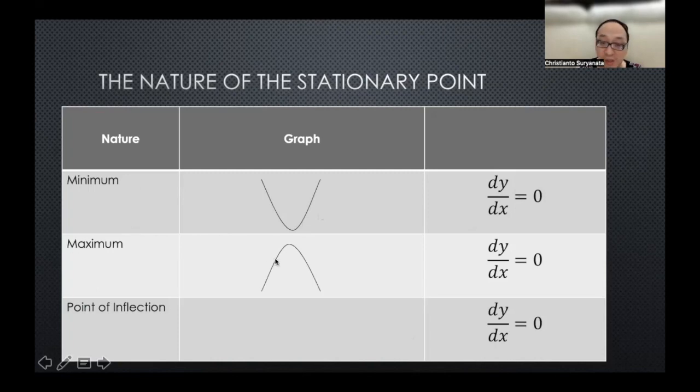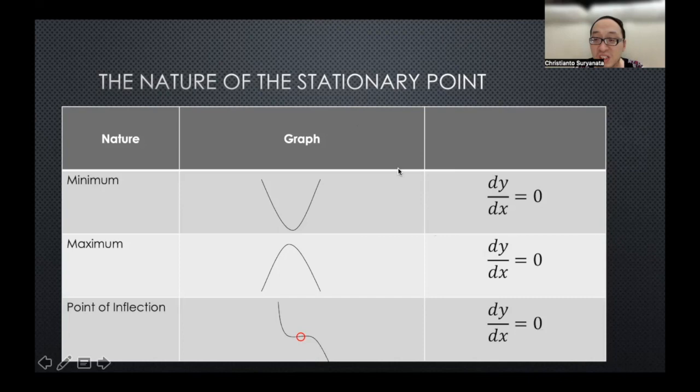This is the maximum point. It is when dy/dx equals 0. And this is the point of inflection. You see there is no change in the gradient. So all of them are stationary points. For all of them, dy/dx, the first derivative, is always equal to 0.